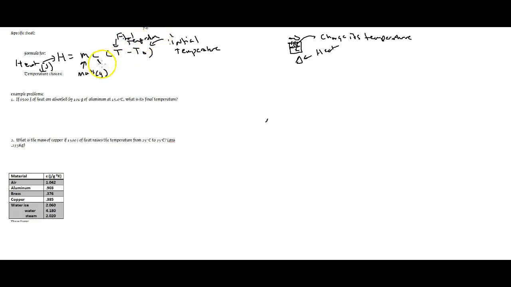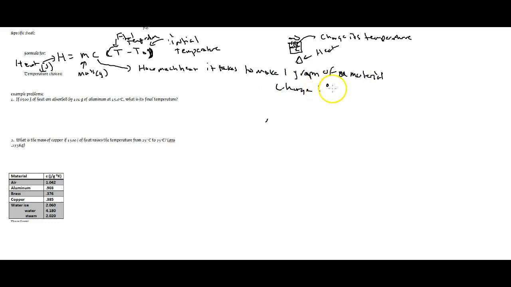And here I have this C right here, which is something brand new. These are parentheses here, by the way. Okay, the specific heat is something different. Specific heat is how much heat it takes to make 1 gram of a material change 1 degree.